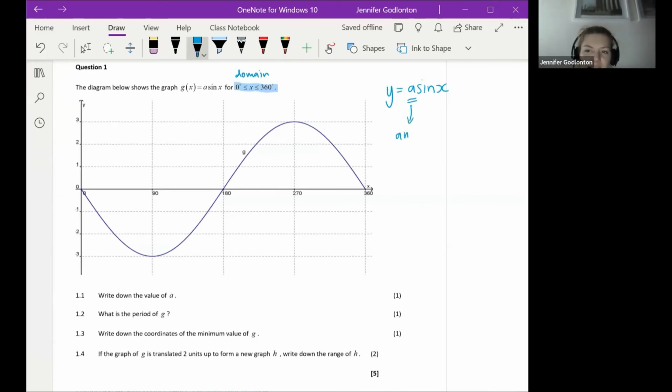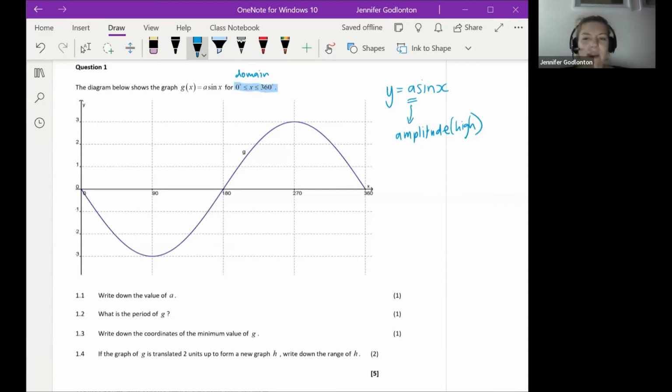Yes, nice, guys. Well done. It's the amplitude, and the amplitude is how high our graph goes. So our very first question here, write down the value of a. What is my amplitude in this graph? Yes, Portia.